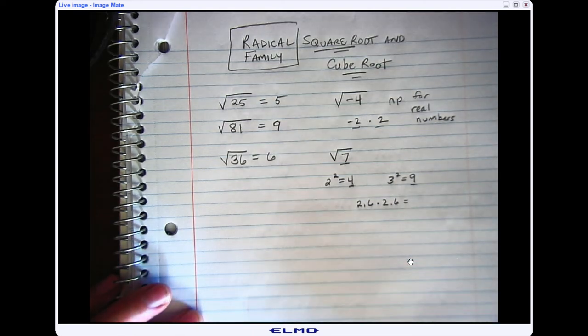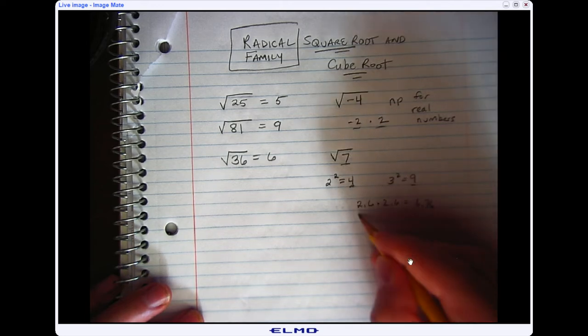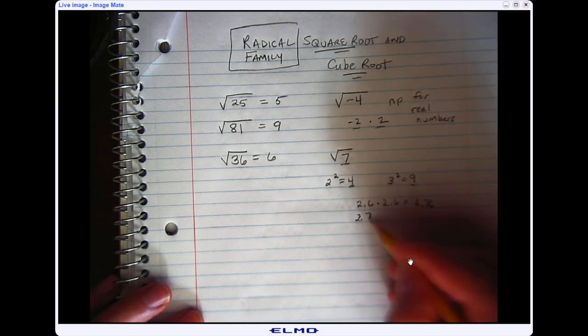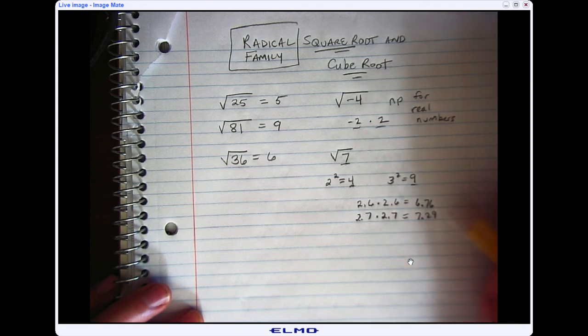When I do 2.6 times 2.6, I get 6.76, which is a little bit too low. So I'm going to try 2.7 times 2.7. If I do that, I'm going to get 7.29. So this one is about 0.24 away, and this is about 0.29 away. So this one's a little bit closer.